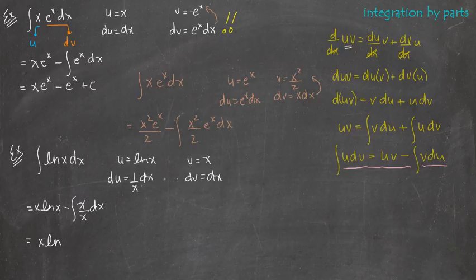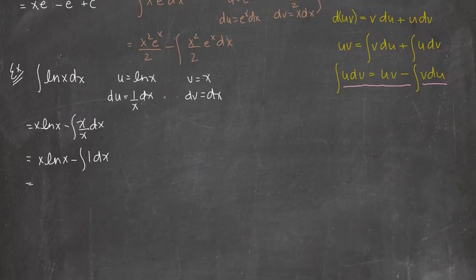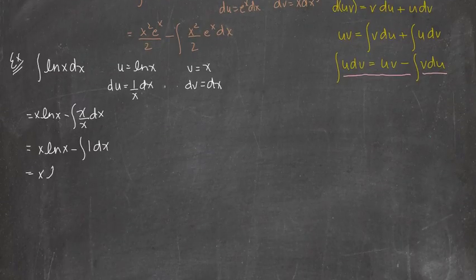That's x natural log of x minus the antiderivative of 1 dx, but that's just x natural log x minus x, the antiderivative of 1, plus c. All right, so let's do another example.